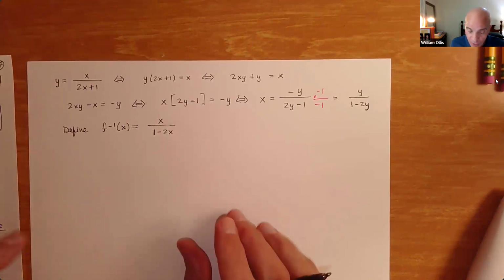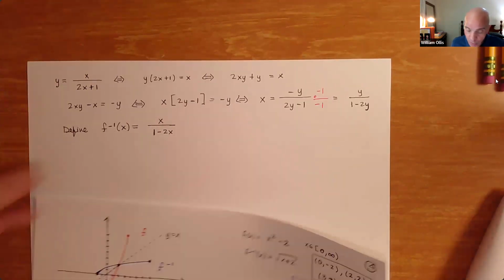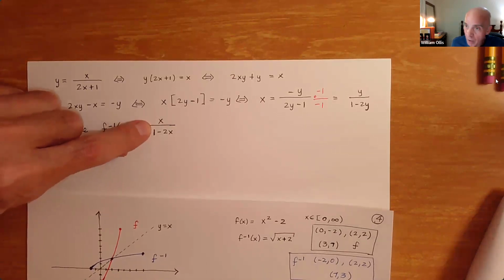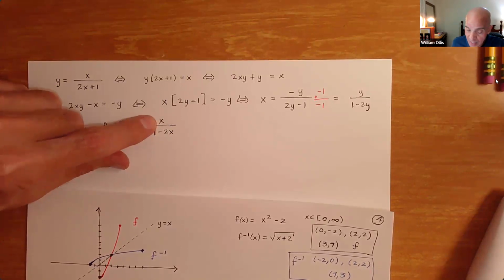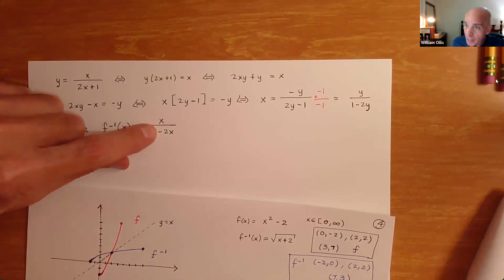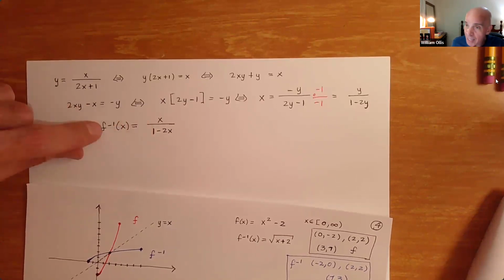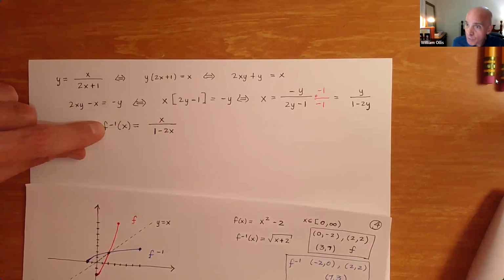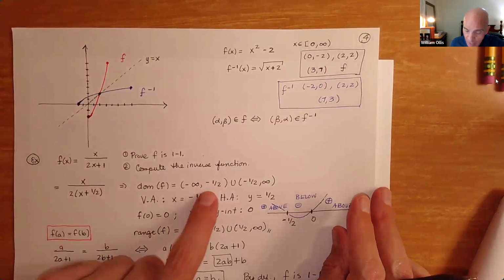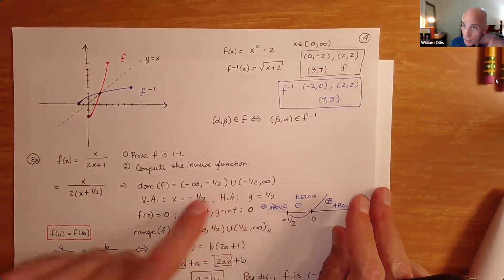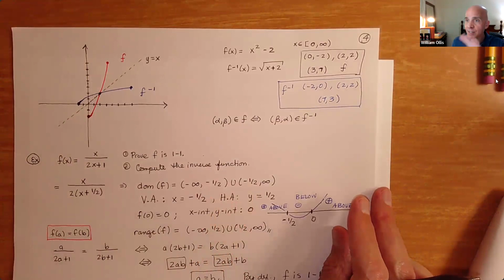And looking at the horizontal asymptote, we see that negative 1/2 would not be hit in the range of f inverse, which is actually the domain of f, which we have here. So the consistency between the two functions is evident.